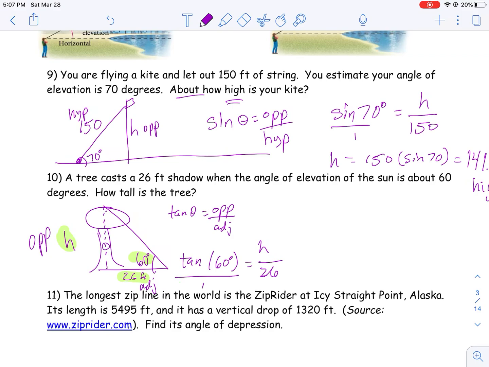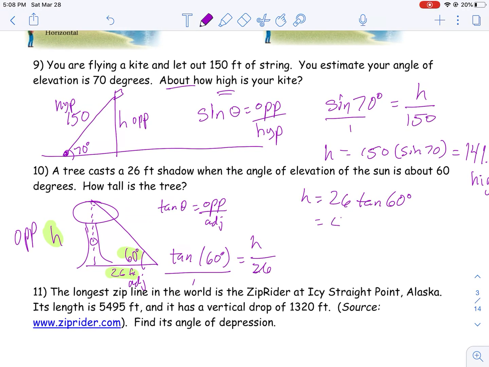Then we can cross multiply and get h equals 26 tan of 60. Remember to make sure your calculator's in degree mode. You get 45 feet tall.